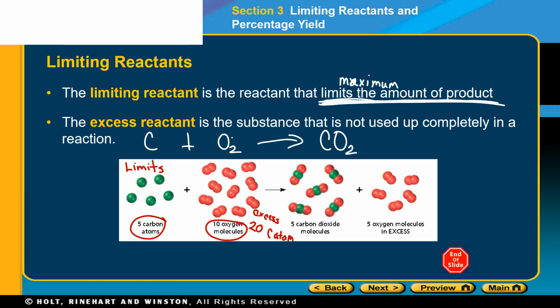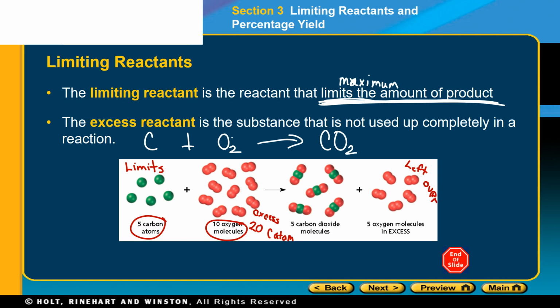So notice that I have carbon left over. So I have carbon remaining. And so I have 5 molecules of extra carbon. Ideally, if we wanted to use everything up and have no extras, I would need 5 carbon atoms and 5 molecules of oxygen.